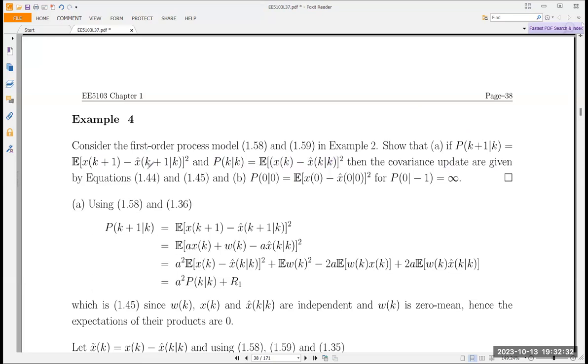Then the covariance updates are given by 44 and 45.